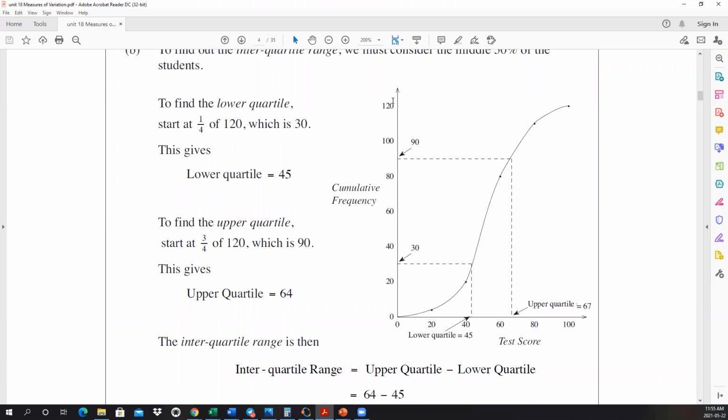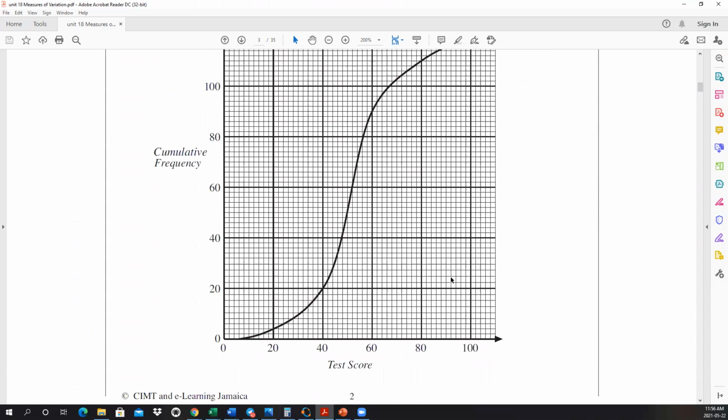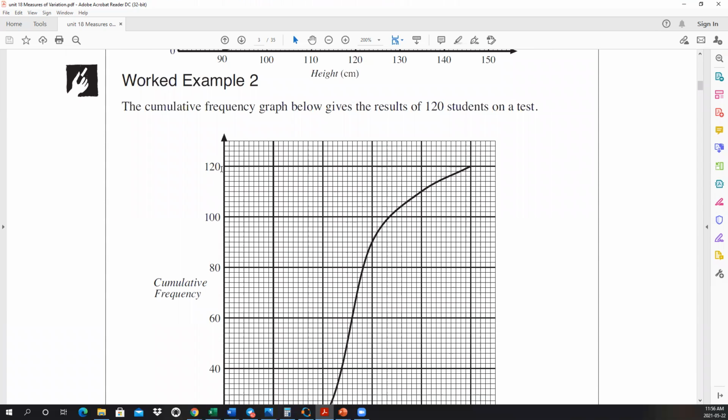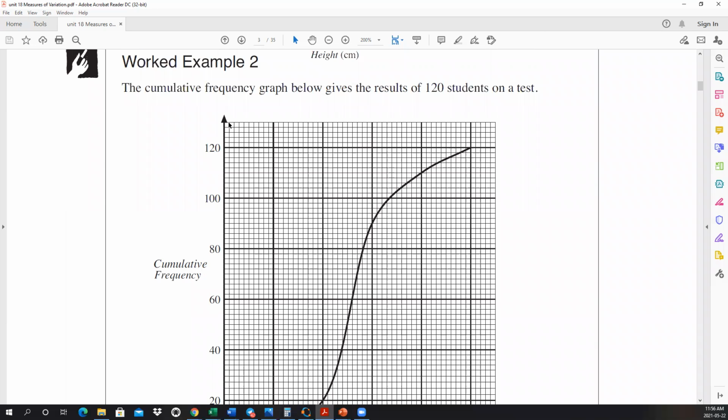So 10% of 120 is 12. Let's use this curve up here, the top 10% are up here. So if we count from the top, 10% gives us 12.